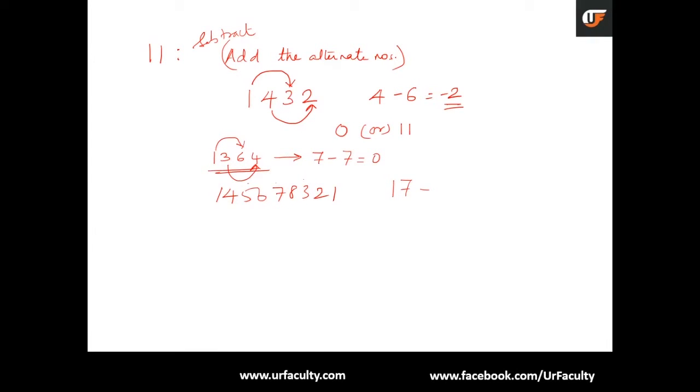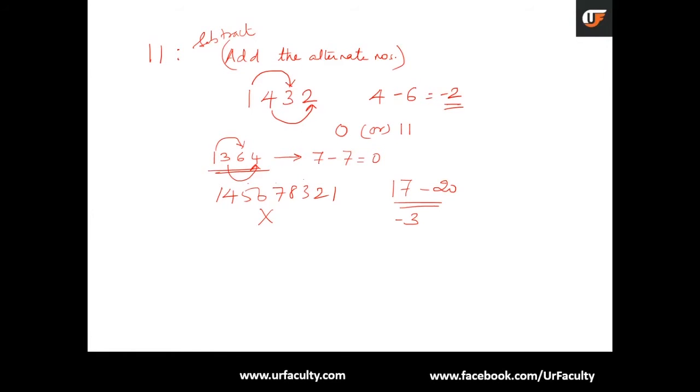Minus 4 plus 6 is 10, 10 plus 8 is 18, 18 plus 2 is 20. The difference is 3 or minus 3, whatever it is, which means this particular number is not divisible by 11.